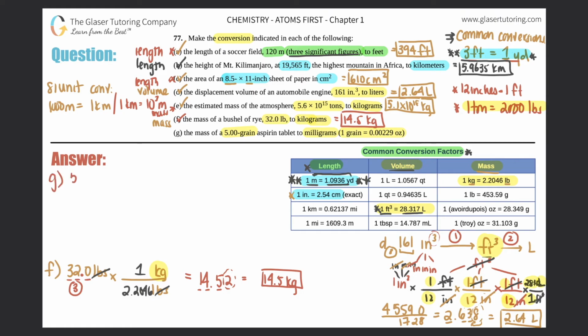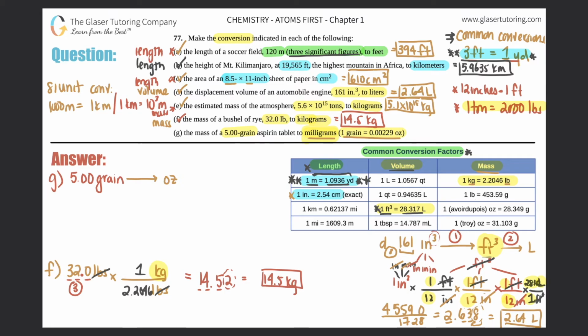They tell me that I have 5.00 grain, and they want to go to milligrams, right? But they tell me a nice conversion here, 1 grain equals 0.00229 ounces. So the first thing I'm probably going to have to do is go from grains to ounces. But that doesn't answer the question of going to milligrams. So now I got to look over at my mass conversion.